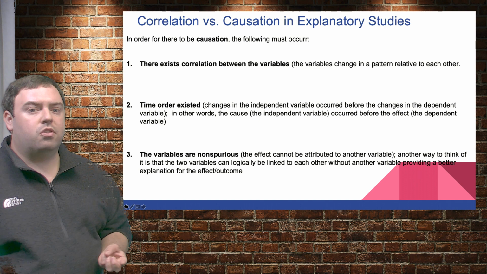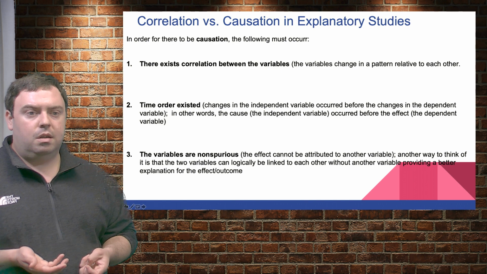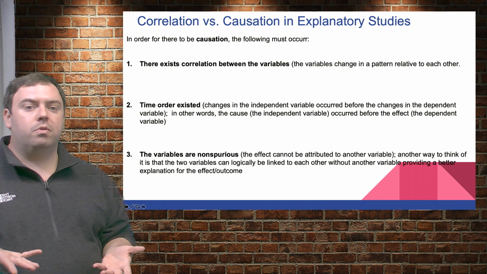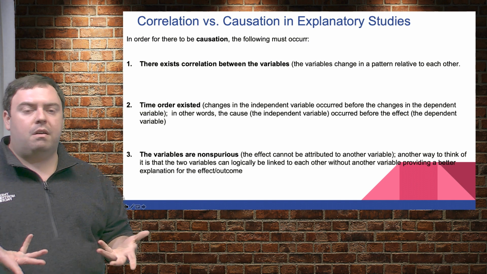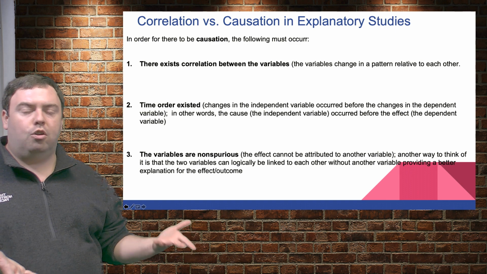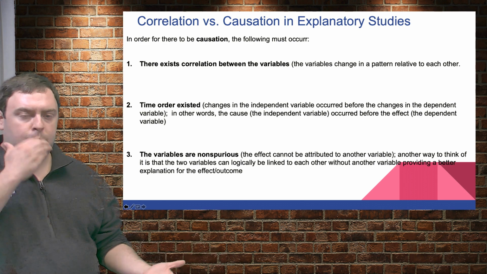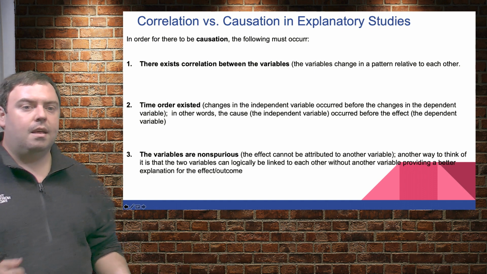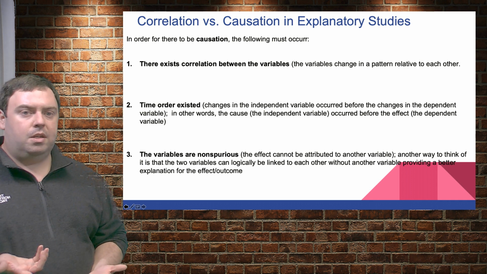The third factor is that there could be no other better explanation for why the two variables are interacting this way. In the case of pirates and global temperatures, why have temperatures been increasing over time? A better explanation would be global warming, carbon emissions, things like that. The number of pirates would not be the strongest explanation.